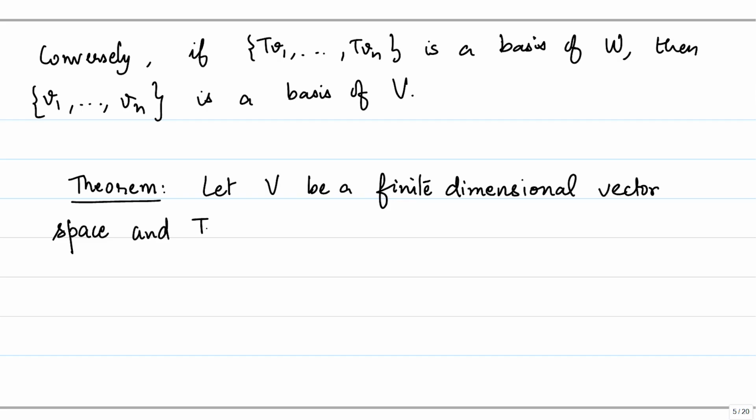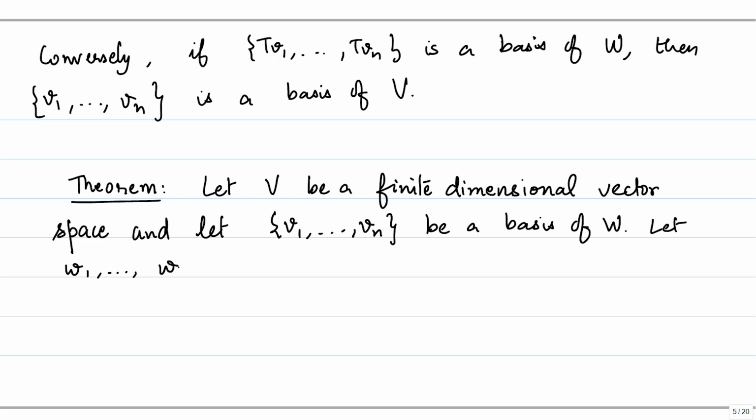I want to say that the linear transformation can be defined at a basis, and we can talk about the linear transformation being defined on V. So let me fix a basis and let V1 to Vn be a basis of V. Let W1, W2 up to Wn be a subset of capital W, another vector space.